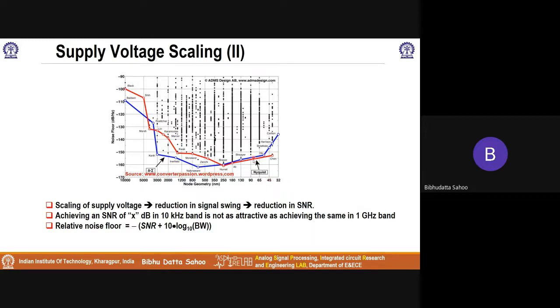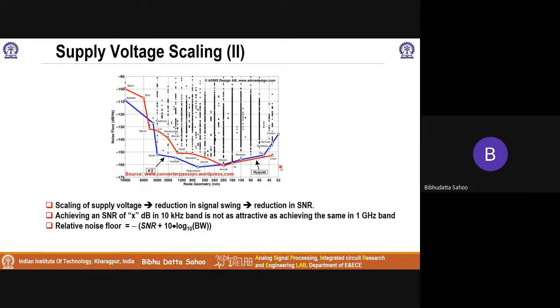Scaling leads to very challenging noise floor constraints, and therefore in lower technology nodes, you might have to burn more and more current to reduce the noise floor, because the only way you can reduce the noise is by burning more and more current. Noise is the random variation of the electrons, the charge carriers. Now current is the rate of flow of charge carriers.